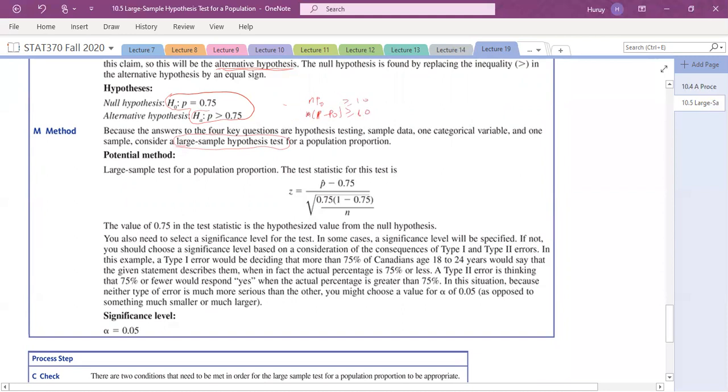We need to check this one because if one of them is not true, or if the size is not large, then this may not follow a normal distribution.